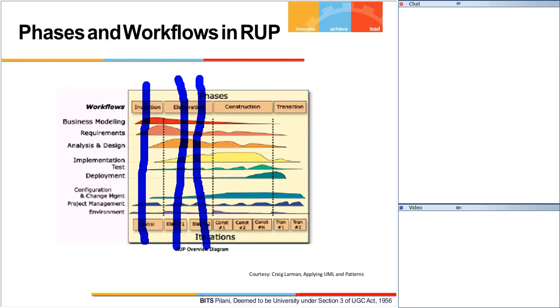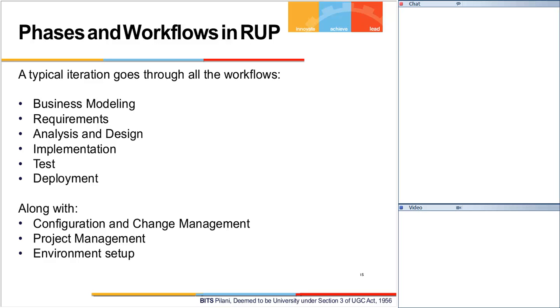Now if you see this side, these are the workflow activities which are being executed, right? Now in the inception phase, if you see this coloring, there is more of business modeling. So you see a peak of business modeling, and this peak goes on reducing as you move ahead through the phases, right? So the idea is, let me put it this way.